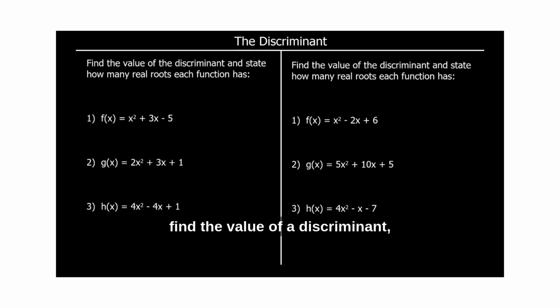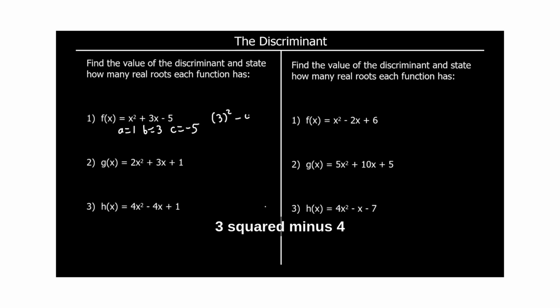This question says, find the value of the discriminant and state how many real solutions each function has. So f of x is x squared plus 3x minus 5. We're going to work out what b squared minus 4ac is. So a is 1, b is 3, and c is negative 5. So 3 squared minus 4 times 1 times negative 5.